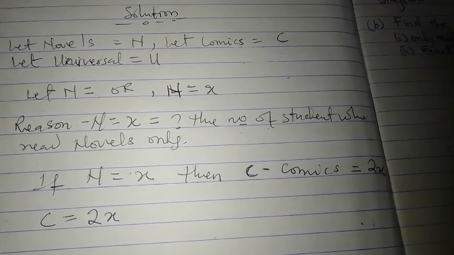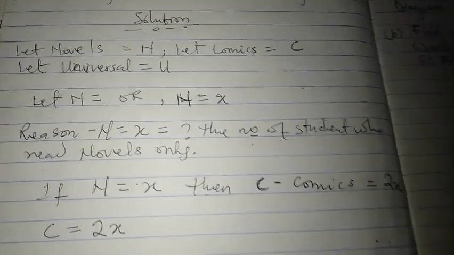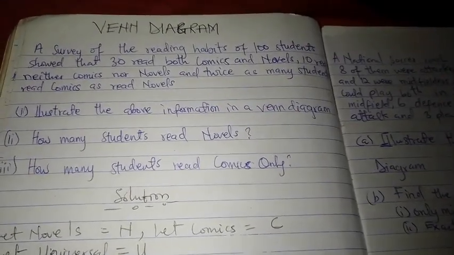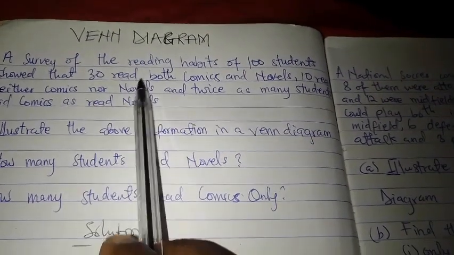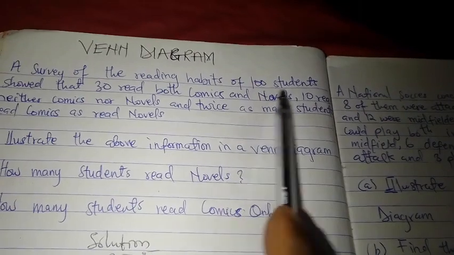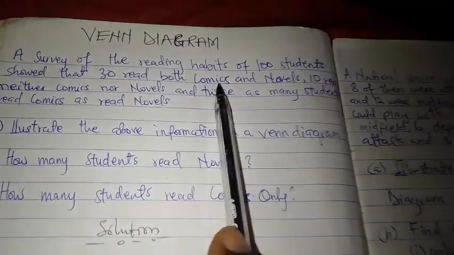So now with this, we can draw our Venn diagram. So we know the intersection as 30 because it was given there. So a survey of the reading habit of 100 students showed that 30 read both comics and novels.